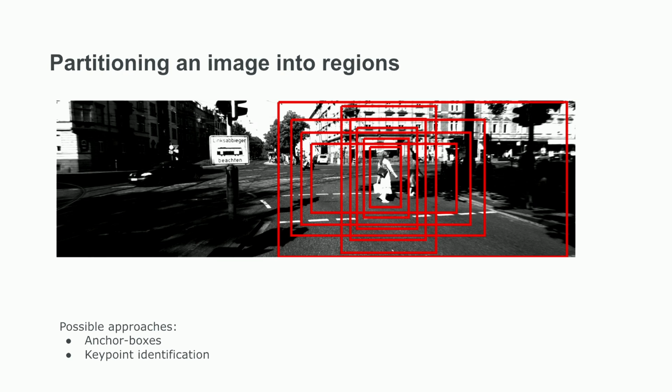So there are two different approaches for locating people or objects in images. We can have anchor boxes, which are predefined templates that have multiple scales, or we can have some key point identification, like a direct prediction of what the object boundaries are for every query pixel.